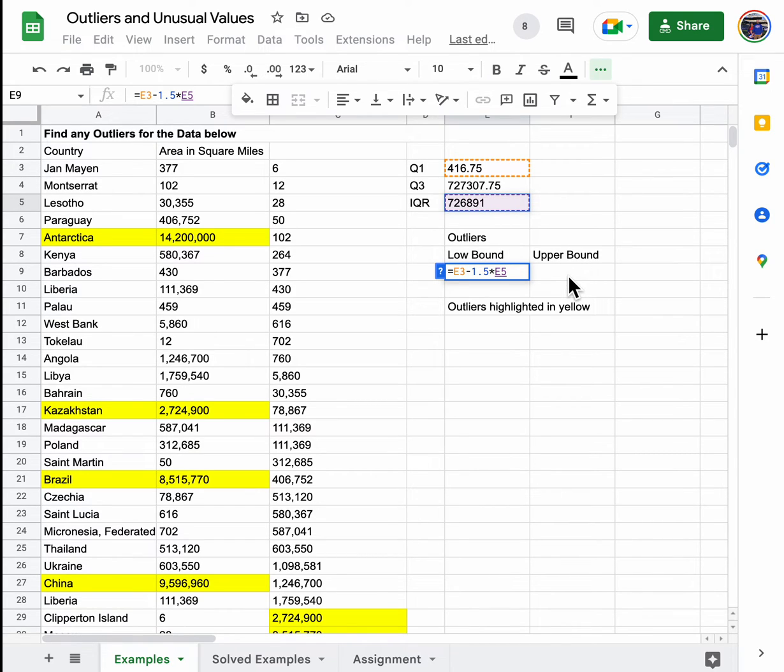And then for the upper, it's Q3 plus 1.5 times the IQR. So Q1 minus 1.5 IQR, Q3 plus 1.5 IQR.